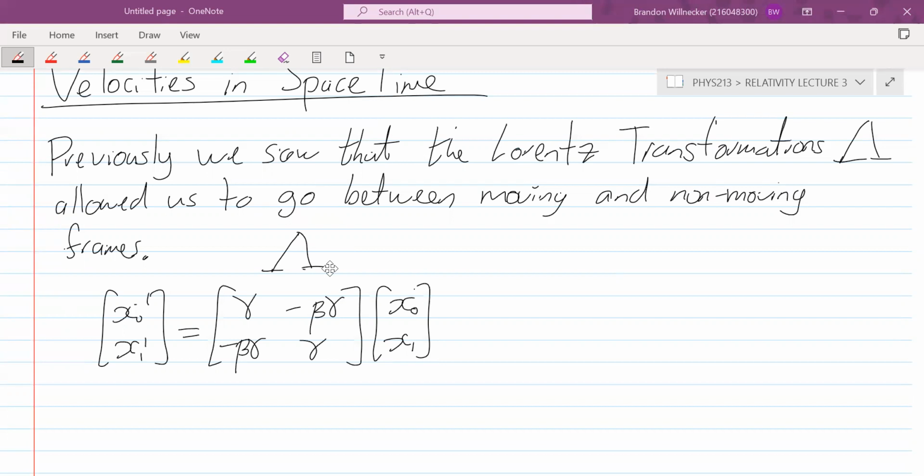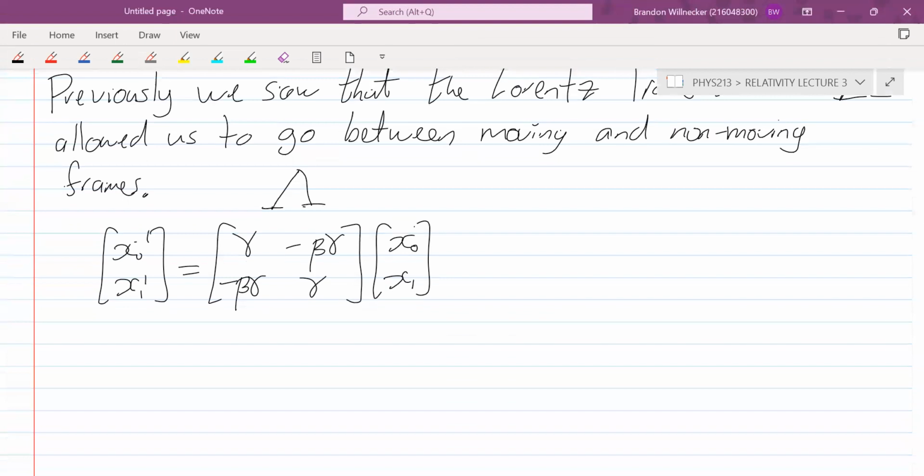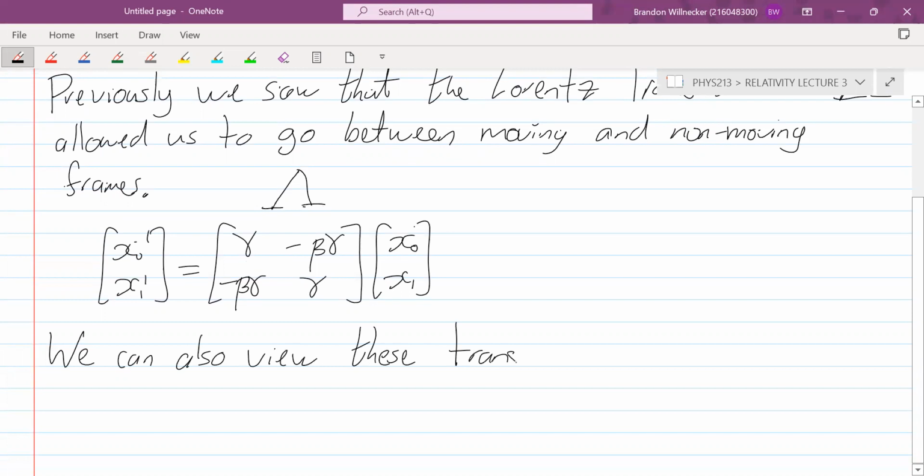Now, a nice thing about these transformations is we can also view these linear transformations as hyperbolic rotations.